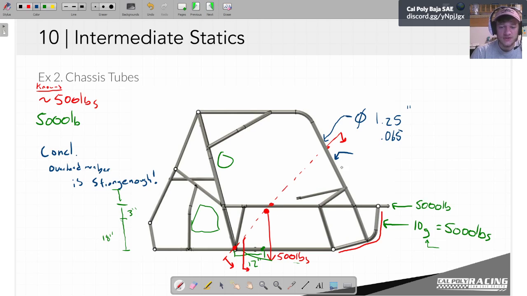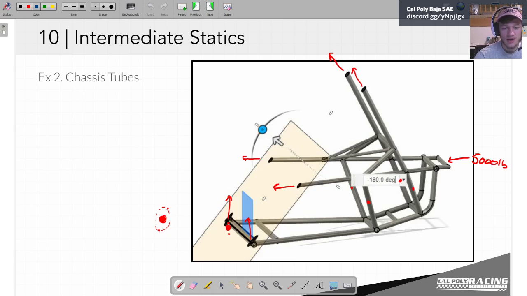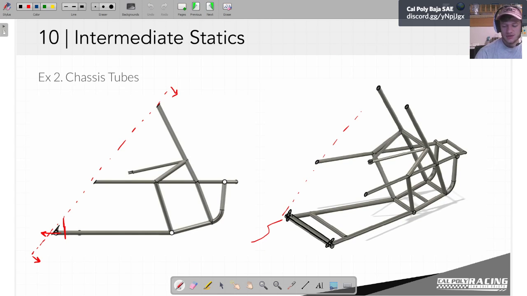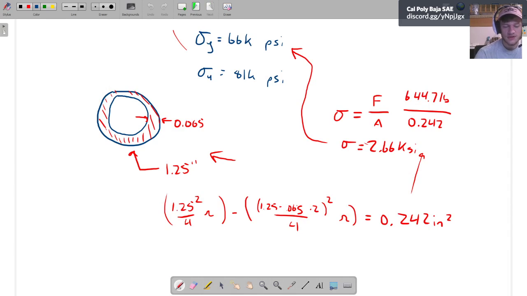One thing that I didn't do when I decided this was a 2D problem, I essentially said that half of each side is taking up the force. So in reality, our cross-sectional area here isn't just going to be the thickness of one tube. It's going to be the area of both tubes. So actually, I should divide this by 2.